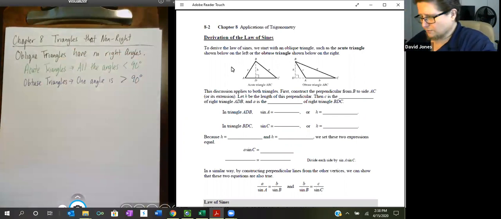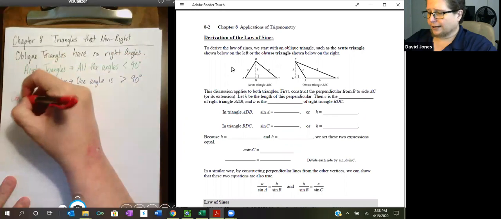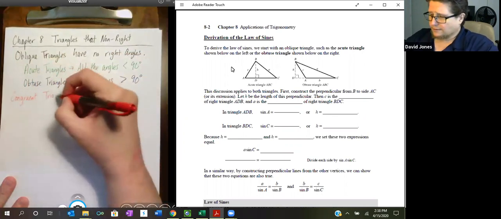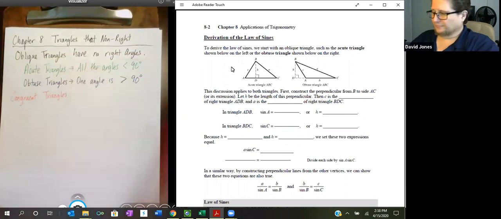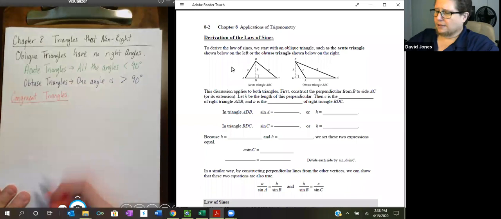We need a little bit more terminology. We have something called congruent triangles. What makes triangles congruent?